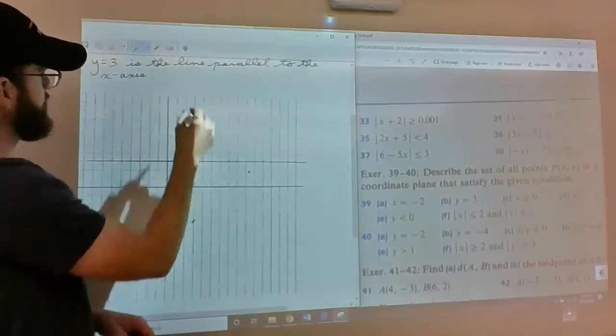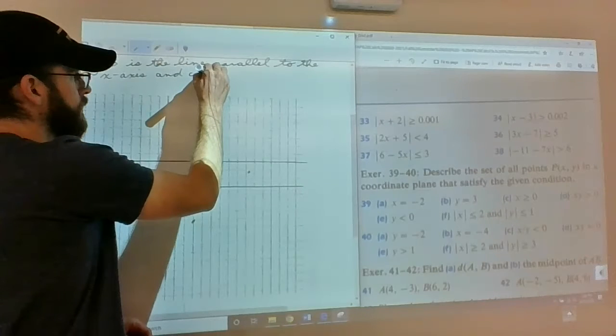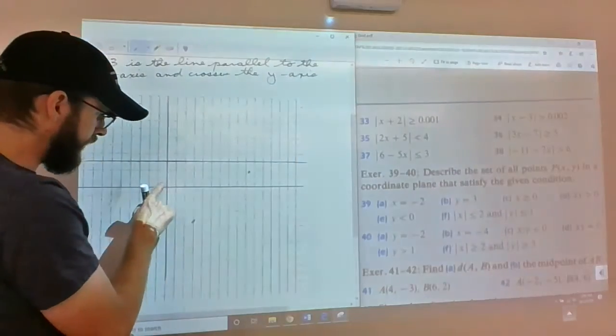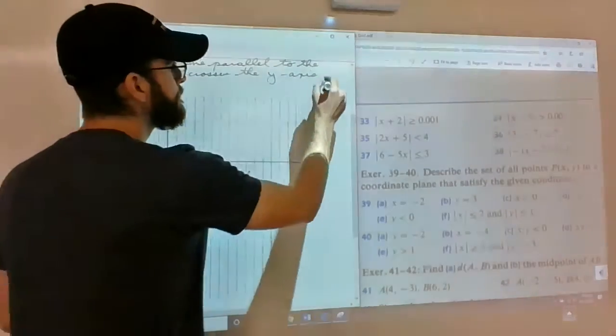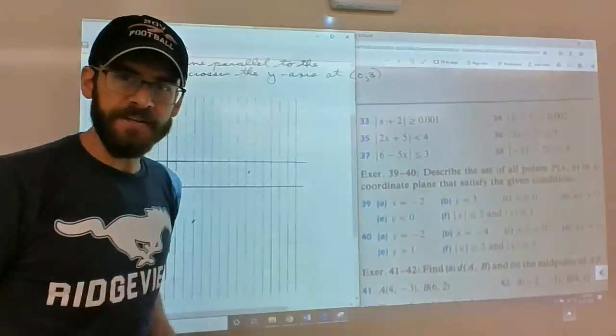And this one crosses the y-axis at this point, 0, 3. Make sense?